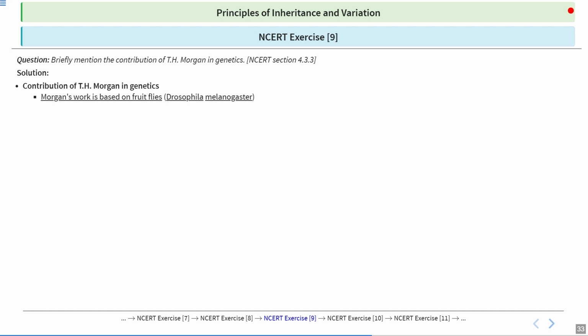Then this Drosophila melanogaster can be easily cultivated on a very simple medium. Okay, cultivation of Drosophila doesn't require much space as well. Crosses can be made easily. Okay, so Morgan was studying the genes present on the X chromosome.